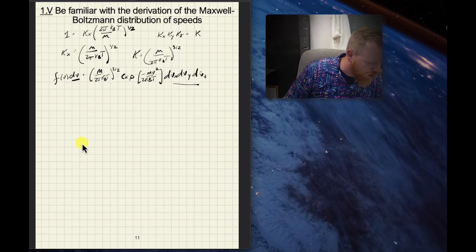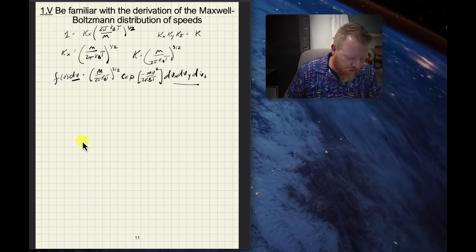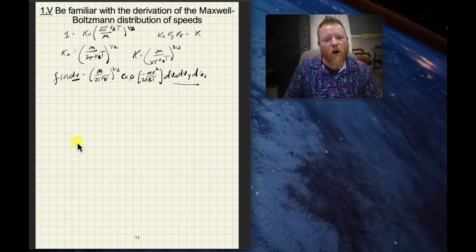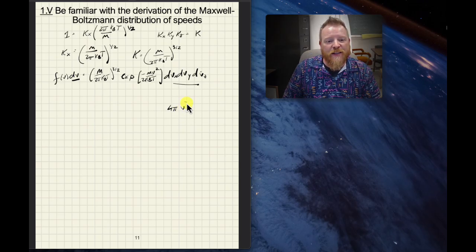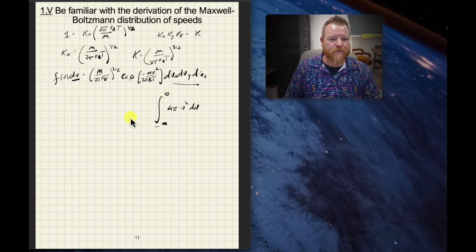So let me make sure I'm doing this all correctly here. So we can replace this dvx, dvy, dvz with the following. So that becomes 4 pi v squared dv, integrated from negative infinity to positive infinity.